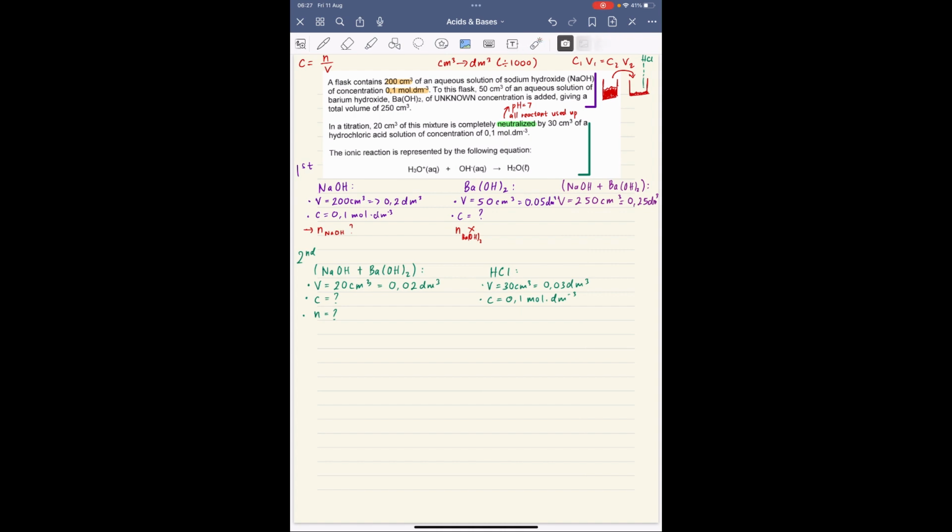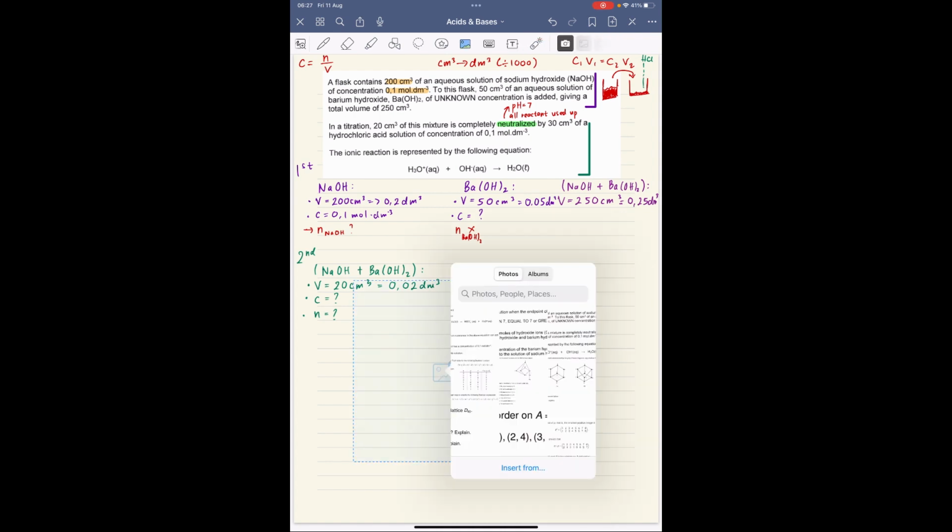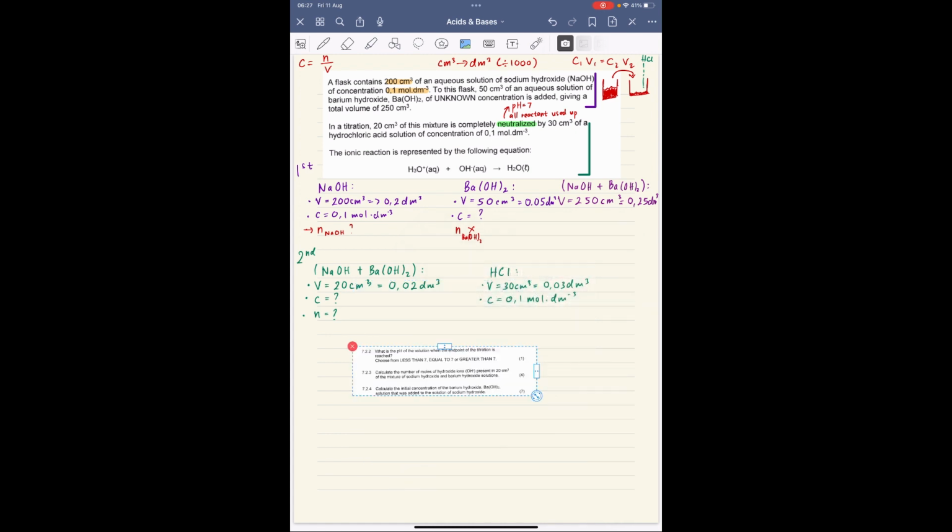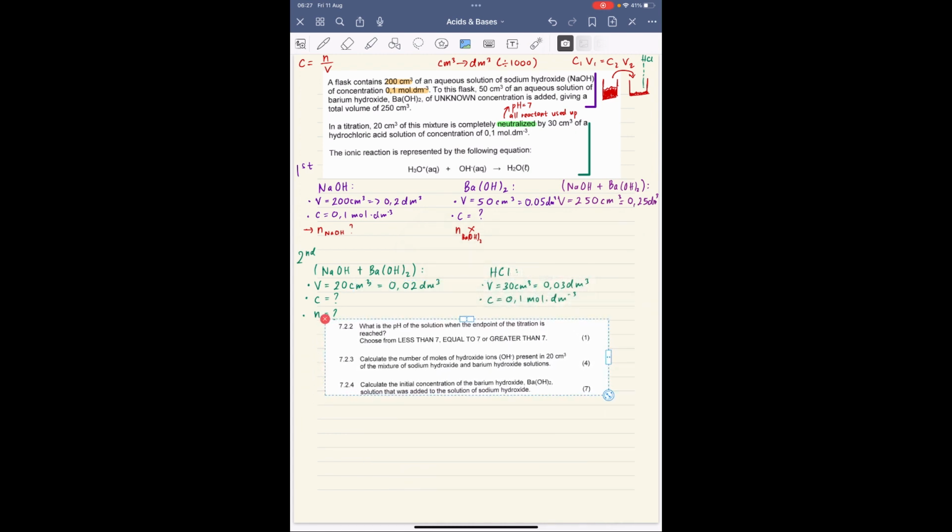So, let me bring that question. Right. So the first question, 7.2.2, it asks, what is the pH of the solution when the end point of the titration is reached? We talked about this. It was that word neutralized that gives us a clue to this.